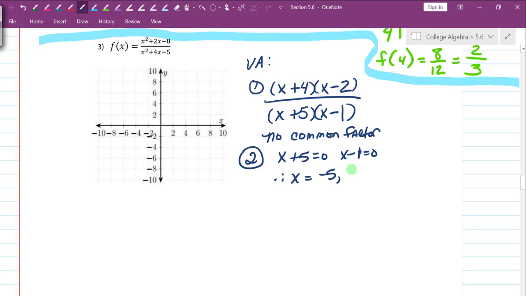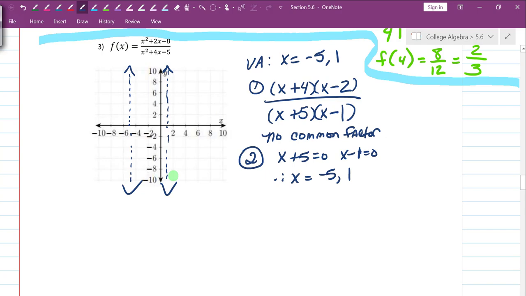Therefore, x is equal to negative 5 and positive 1. So my vertical asymptotes are x is equal to negative 5 and positive 1. So negative 5 is going to be right in here. And then positive 1 is going to be right in here.